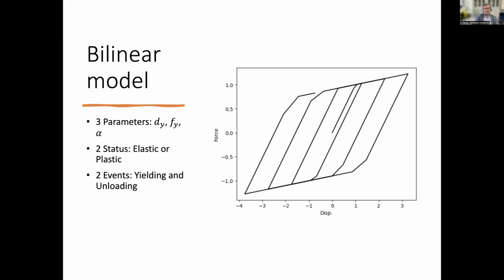And they have two statuses. One is elastic status, and the other is plastic status. In elastic status, whenever you are loading and unloading, it is almost linear, using the stiffness K1.